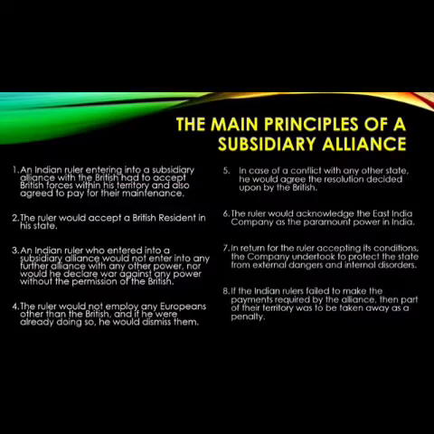In return for the ruler accepting its conditions, the company undertook to protect the state from external dangers and internal disorders. If the Indian ruler failed to make the payment required by the alliance, then part of their territory was to be taken away as a penalty. This was about the subsidiary alliance.